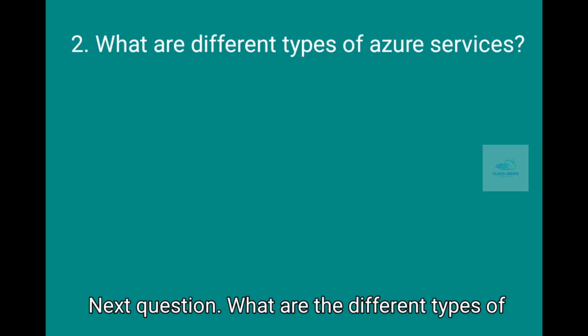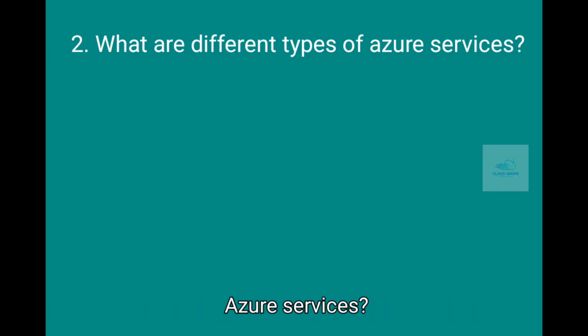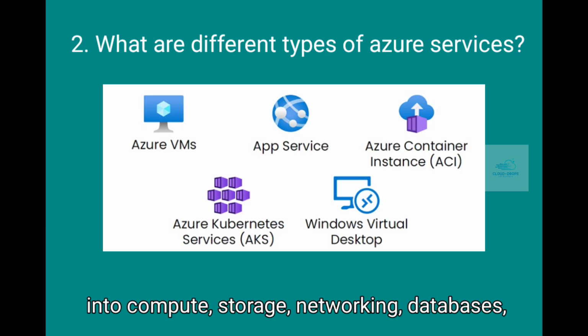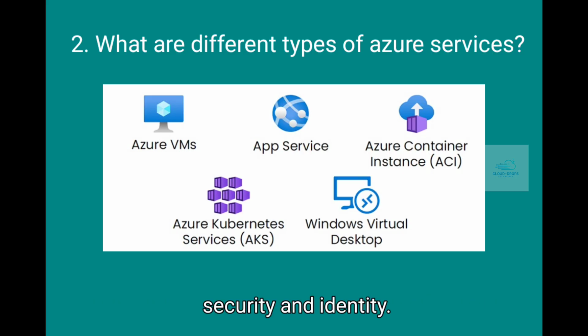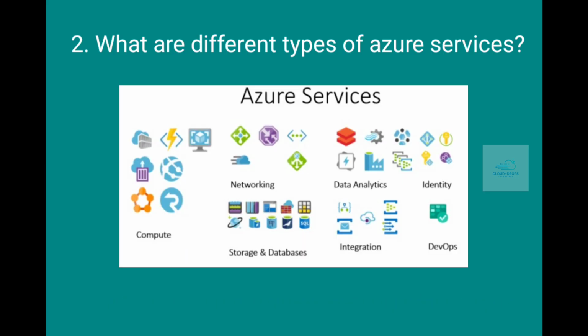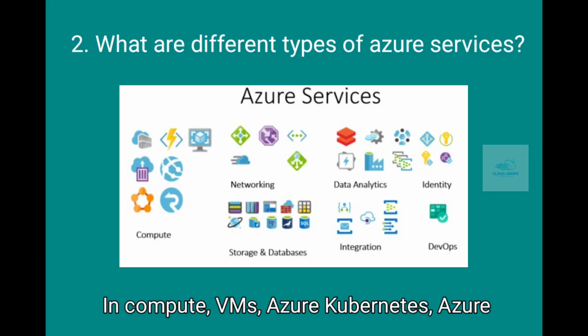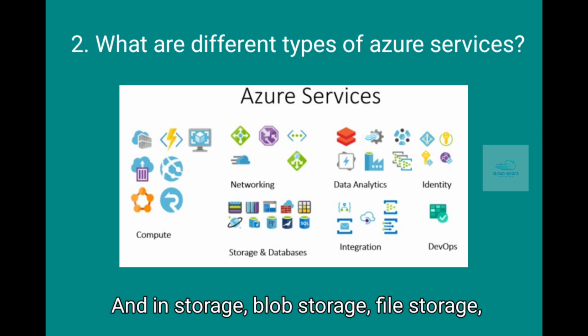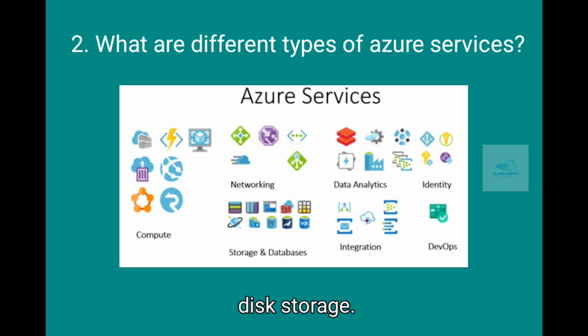Next question, what are the different types of Azure services? So, the main Azure services are categorized into compute, storage, networking, databases, security, and identity. Now, let's see some examples for each category. In compute, VMs, Azure Kubernetes, Azure Functions, etc. And in storage, blob storage, file storage, disk storage.